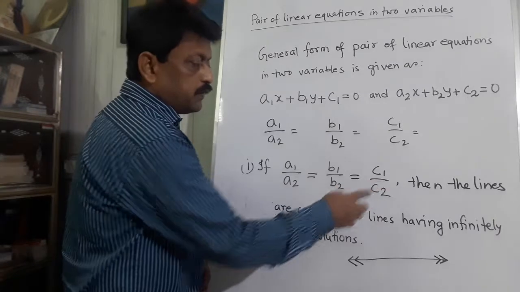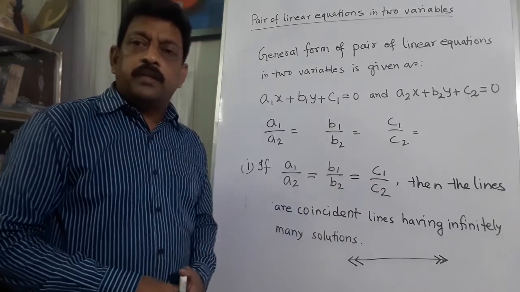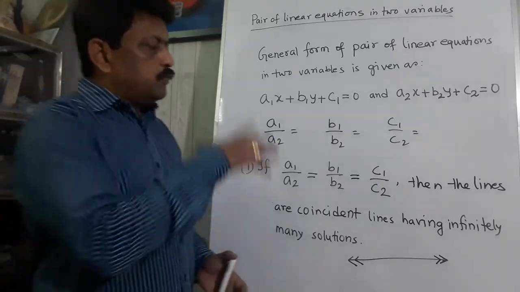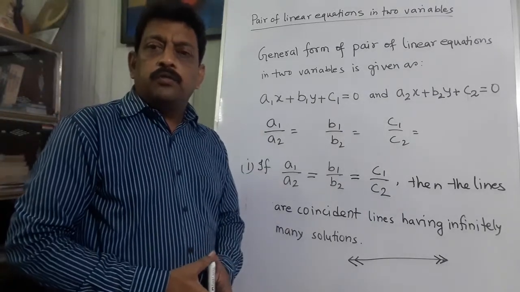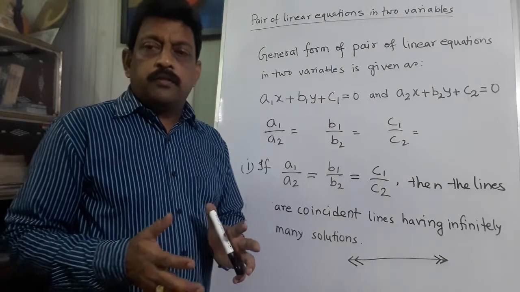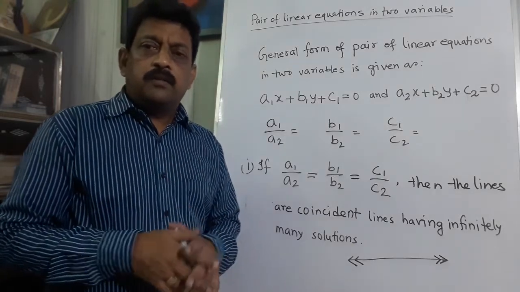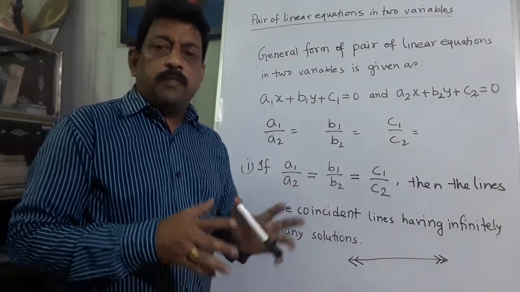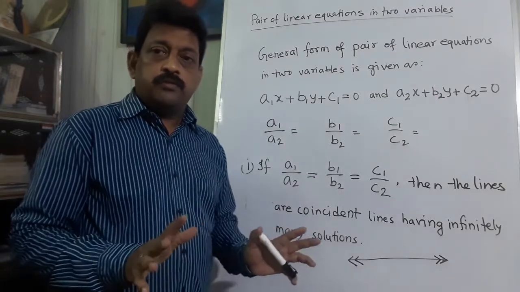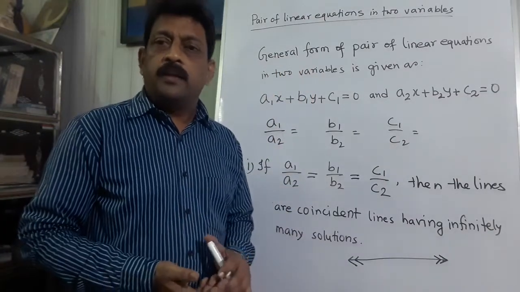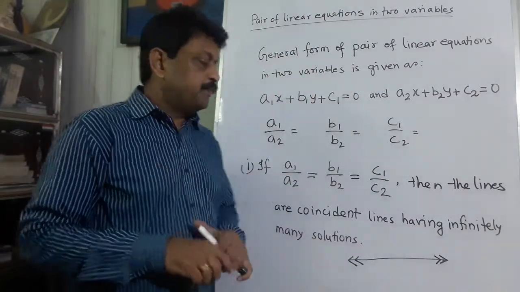Simply by using this formula we can find whether the lines are coincident or not. Thus we have learned how to determine whether the lines will be intersecting or parallel or coincident lines algebraically. Means without using any graph, we can use the formula to find the nature of the lines. Understood? Okay.